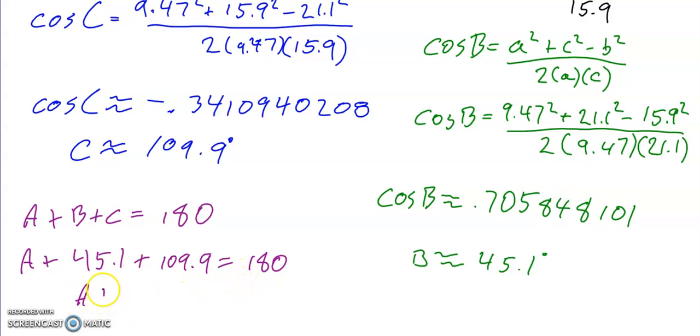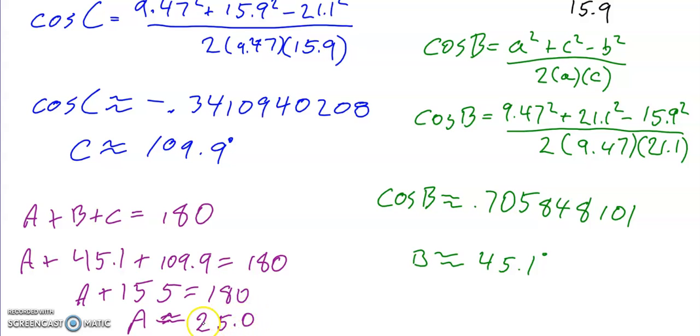Add these together, A plus 155 equals 180. Subtract 155 from both sides, and we find that A should be about 25.0 degrees. It's an "about" because B and C are rounded.